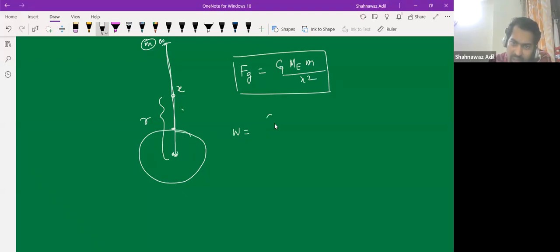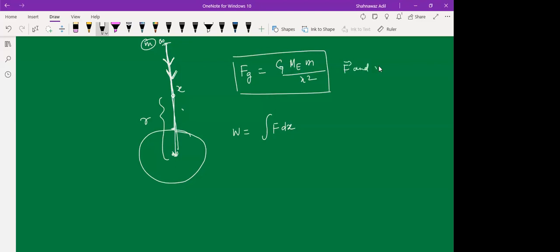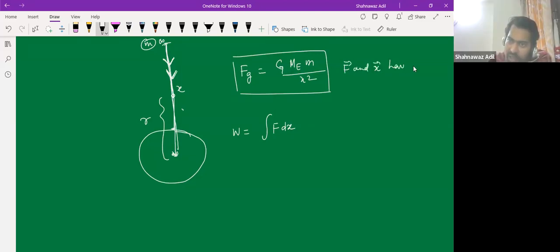That would be F dx. What is the angle between force and displacement? The gravitational force is in this direction, and I'm taking this mass from here to here, so displacement is in the same direction. F and dx have the same direction, so I can write F dot dx as F dx.